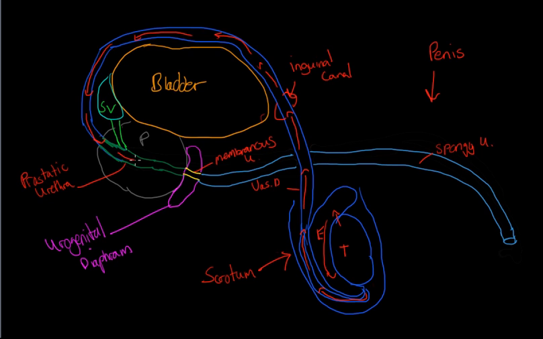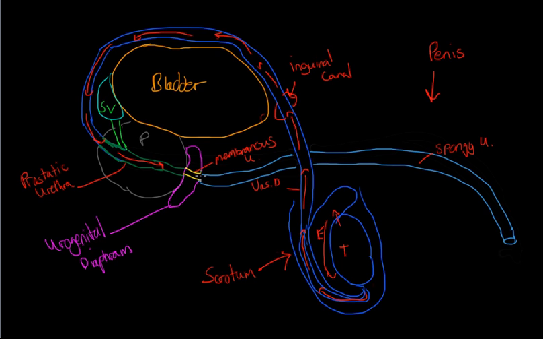We have the semen now that's going to continue to move through the prostate, and when the urethra exits the prostate and moves through your urogenital diaphragm, I've written that out here, it becomes the membranous urethra. And that's a very small segment, according to drawings in your book, of this whole length here.